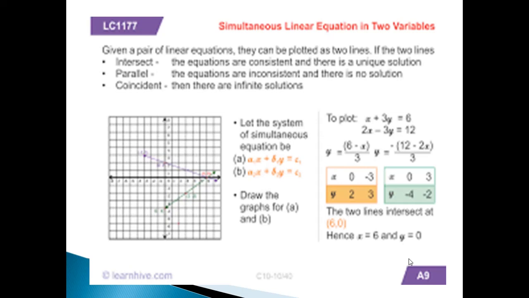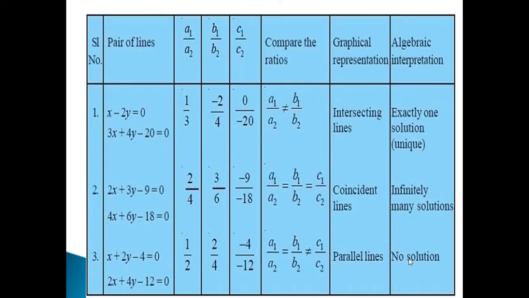Let us compare the nature of the lines for a1x plus b1y plus c1 is equal to 0 and a2x plus b2y plus c2 is equal to 0. Here is a table.